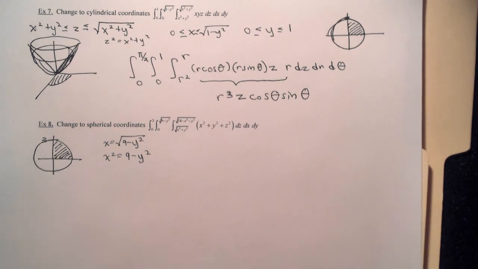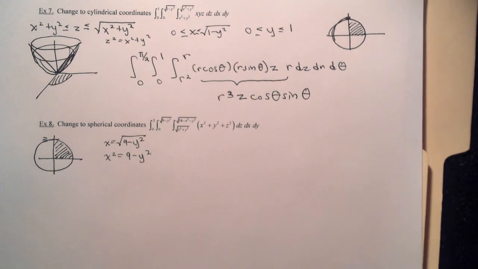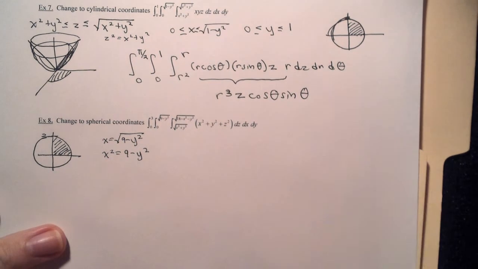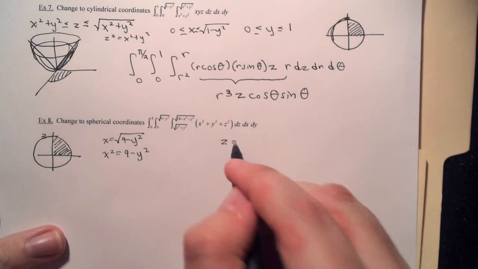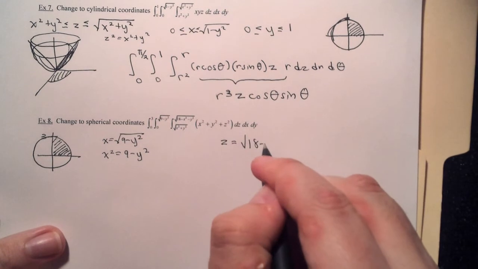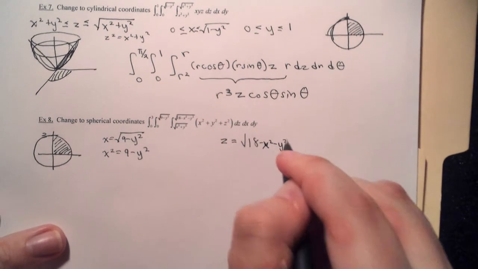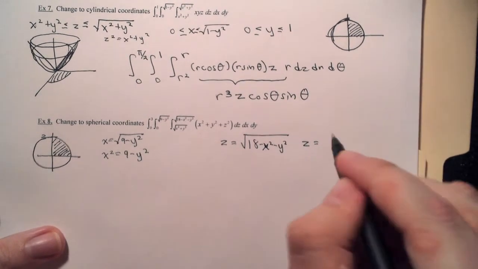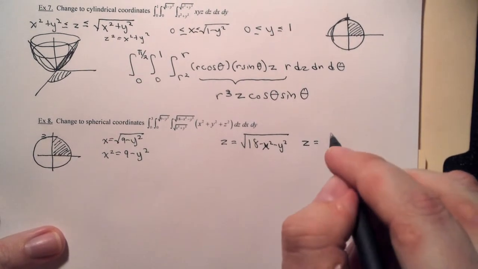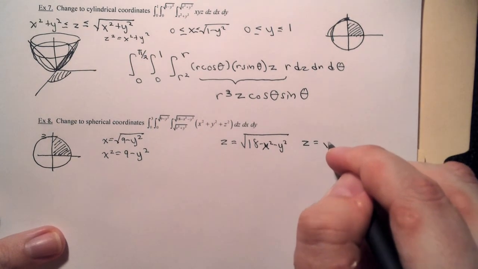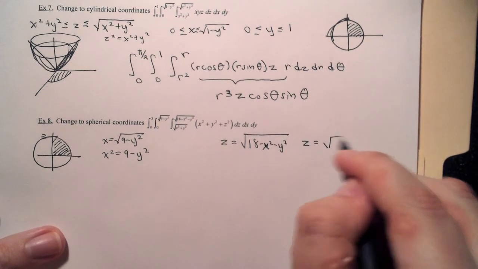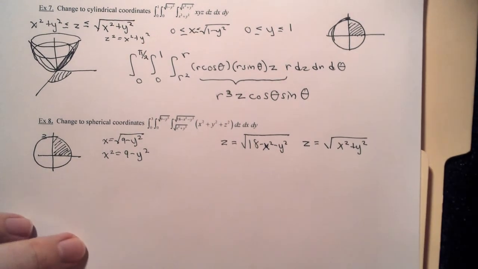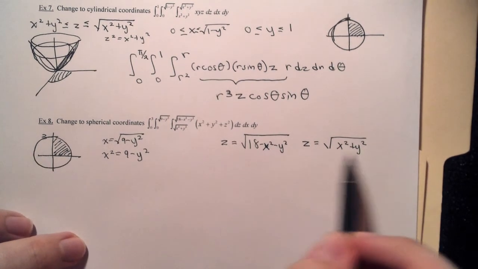What about these functions right here? And again, I'm asked to change to spherical coordinates. Let's focus on these equations. So if I think about z equals the square root of 18 minus x squared minus y squared, and z equals the square root of x squared plus y squared. We did an example like this already.